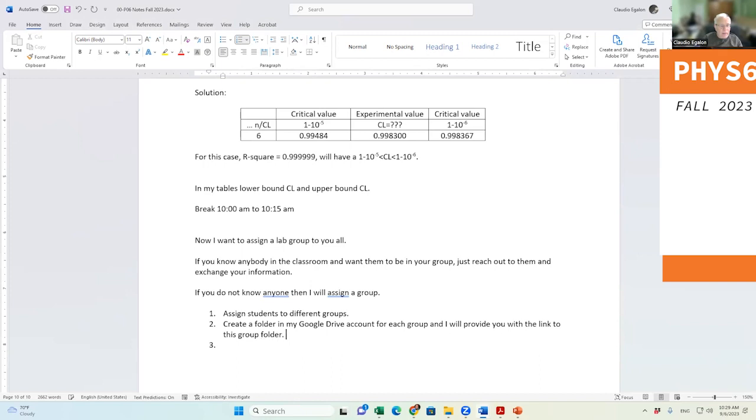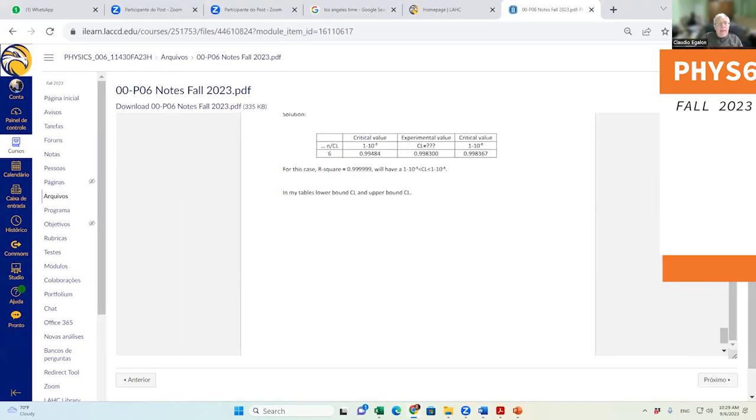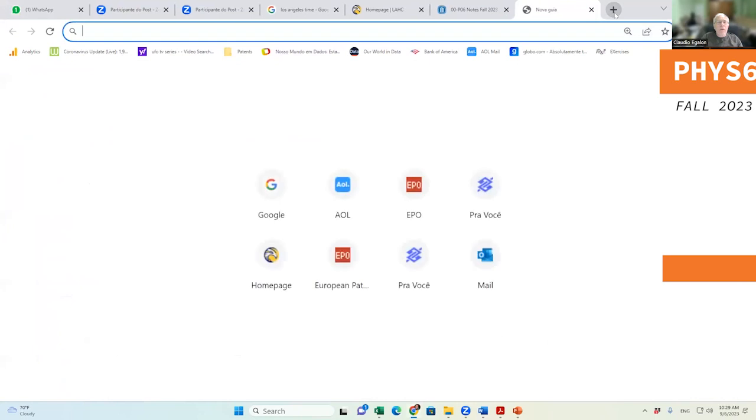That's a link that you should keep. So the idea here is do not share the link of this folder with anyone else outside your group. Okay, let's do that.